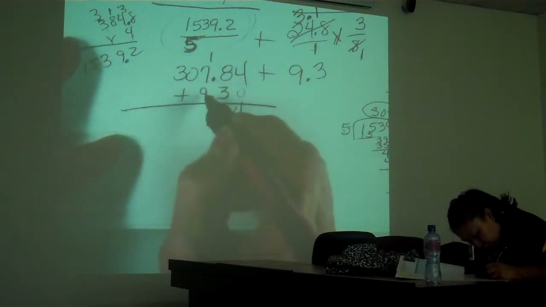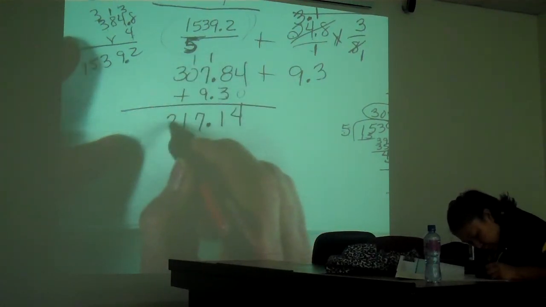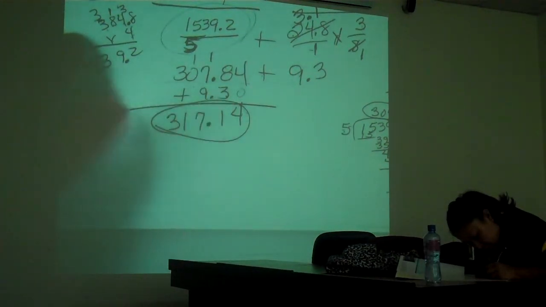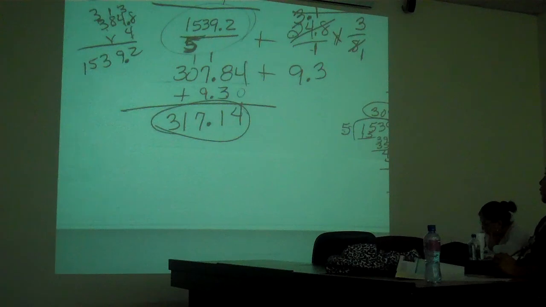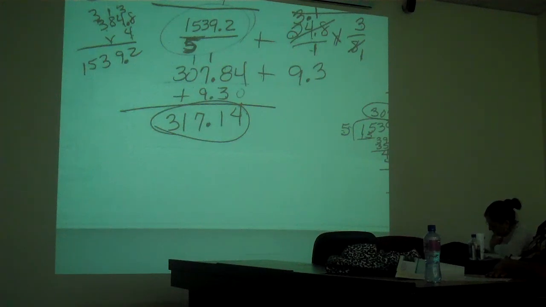Bring that decimal. 17. 1. And 3. So there's your answer. If you look in the back, the answer would be your answer to number 79. Should be 317.14. Okay? Any other questions that you can see right now?